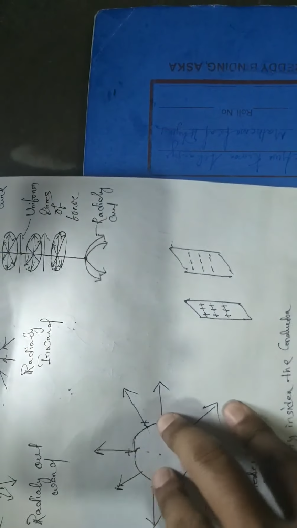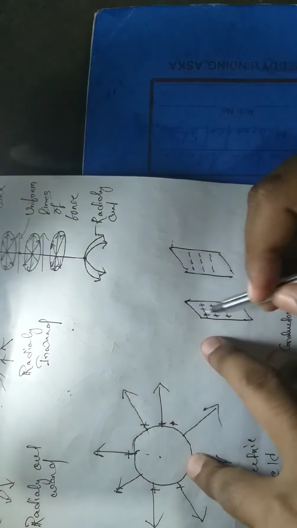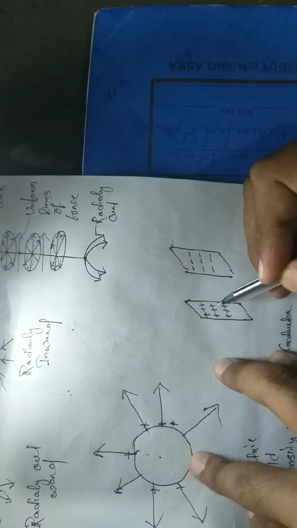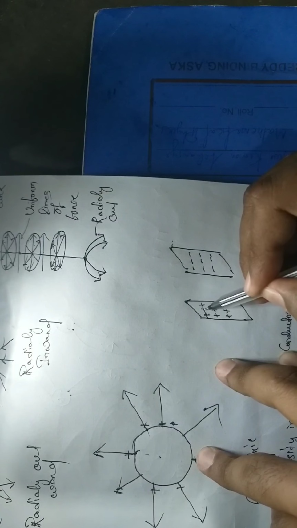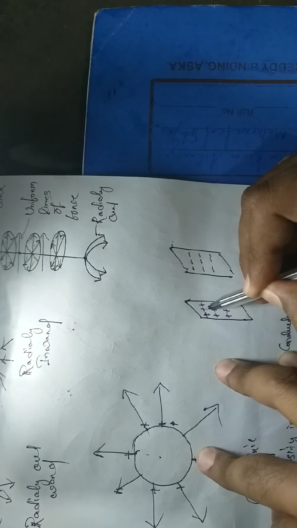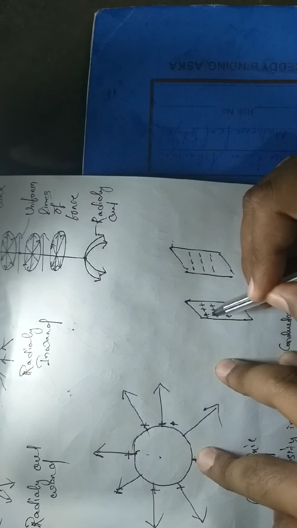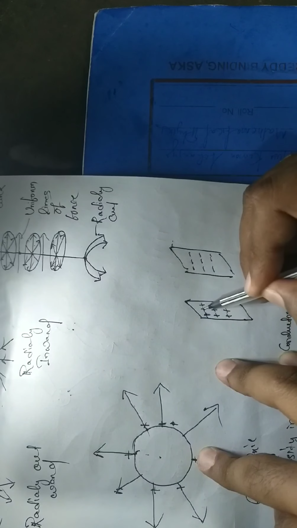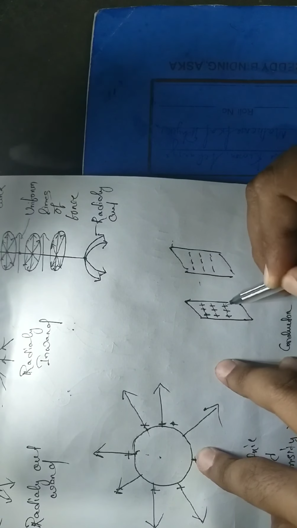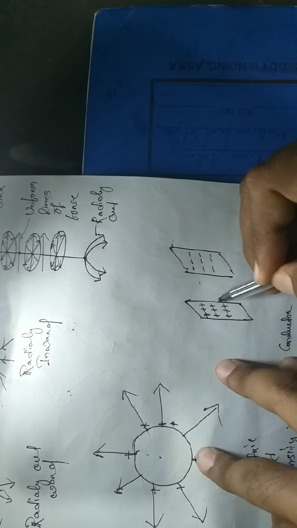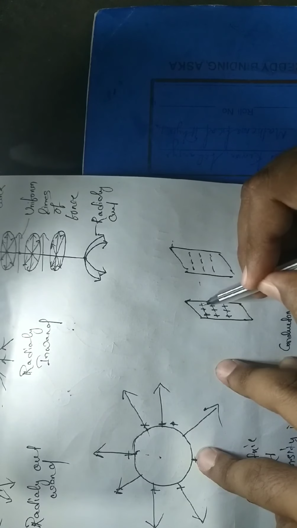That means these charges are uniformly distributed, so that charge is repelled by that charge, and they move in that way. That charge also moves in that way. Now another charge which comes in contact also experiences a force of repulsion.